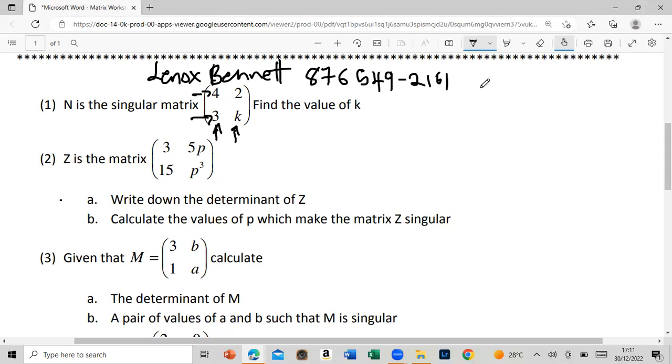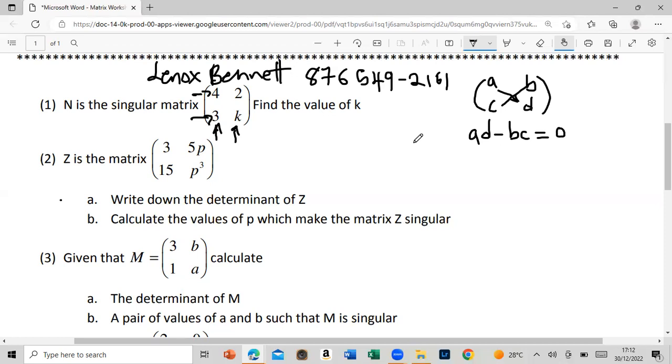Every matrix is in this form: A, B, C, D. When we multiply the leading diagonal, that's AD, and subtract the next diagonal, which is BC, if the answer is equal to 0, then it is considered a singular matrix. If it's not a singular matrix, it's called non-singular. All right, so let's get right into it.